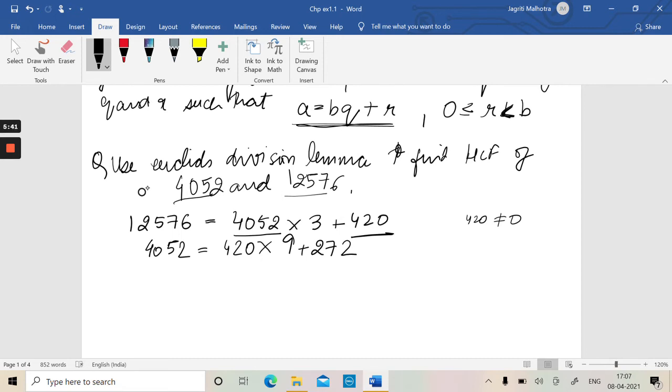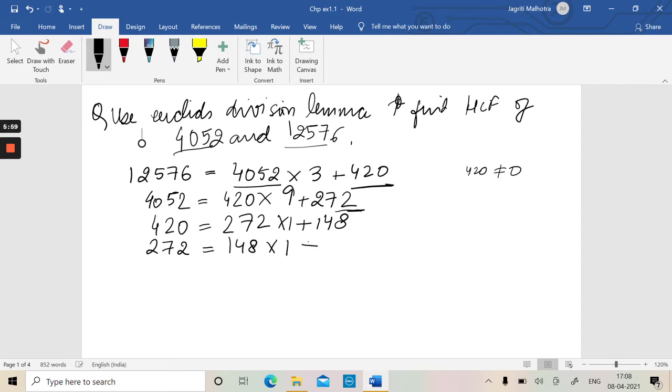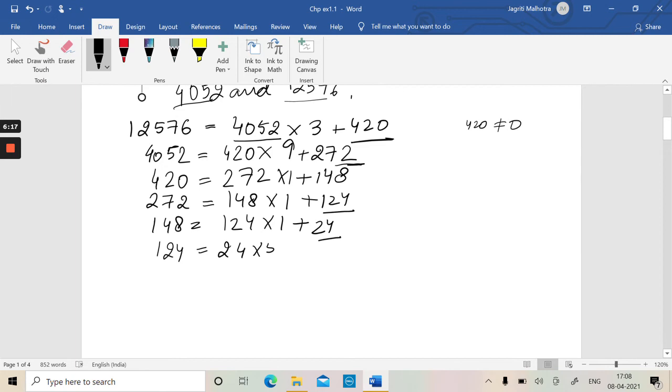But still we notice that this remainder is not equal to 0, so we do it again. 420 equals 272 into 1 plus 148, still not 0, moving again. 272 equals 148 into 1 plus 124, still not 0, moving again. 148 equals 124 into 1 plus 24, still not 0, but let's go on once more. 124 equals 24 into 5 plus 4, still not 0, so let's go for 24 equals 4 into 6 plus 0.